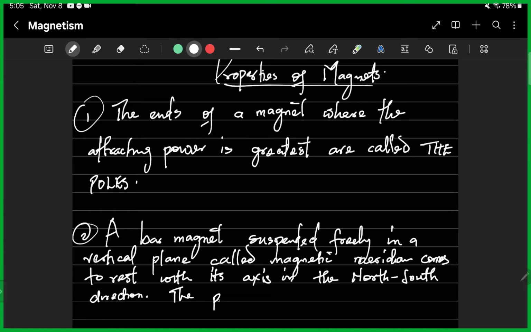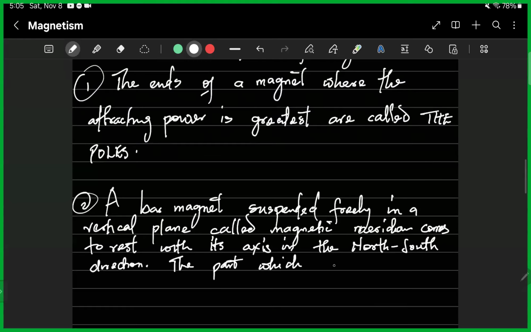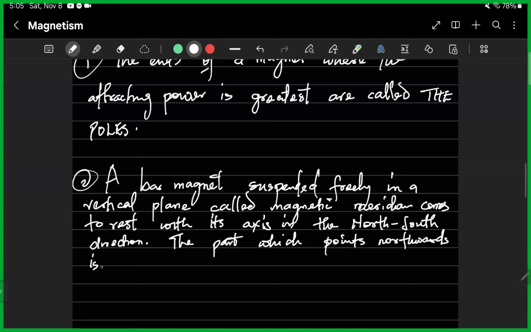The pole which points northward is called the north-seeking pole, or some just call it simply the North Pole.